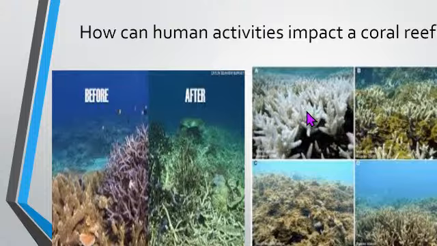If they have a very white color or if they are very colorful. So once they are very, very white, that means they have been bleached and they are dying or they are dead.